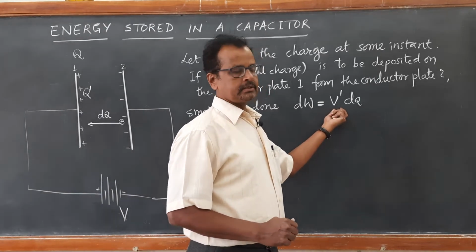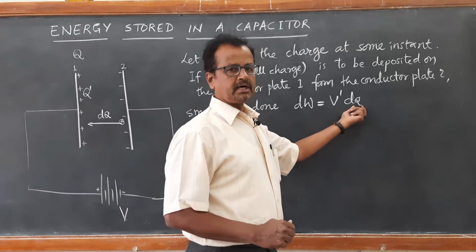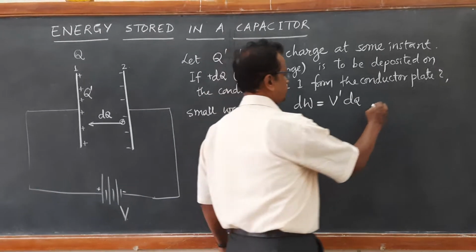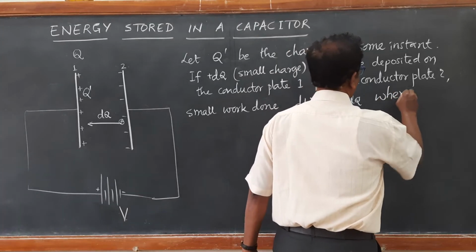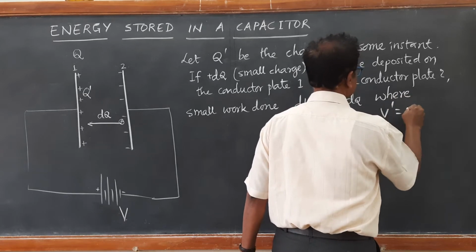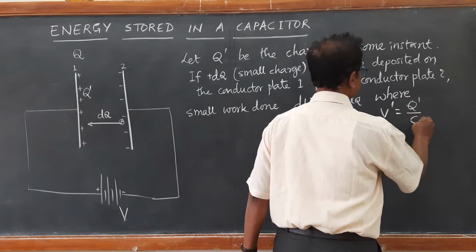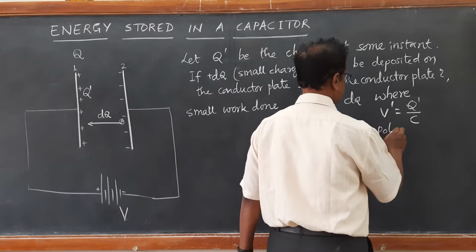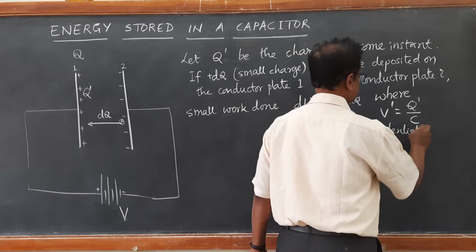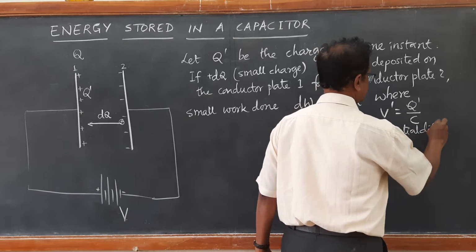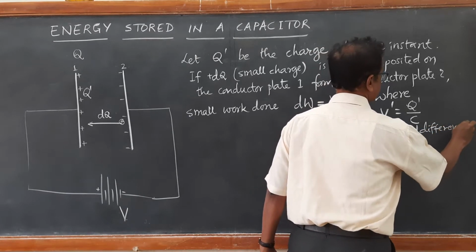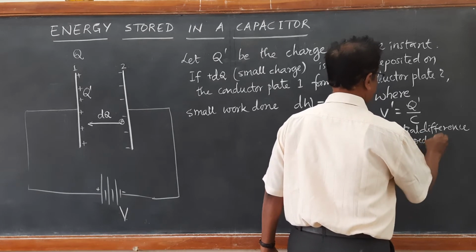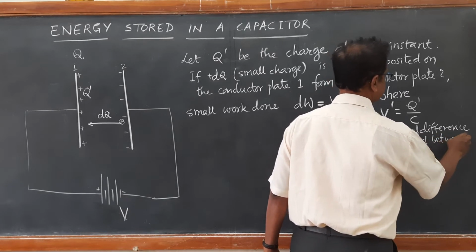Therefore, for a small amount of charge dq, it is V dash into dq, where V dash is equal to Q dash by C, the potential difference developed between the plates.